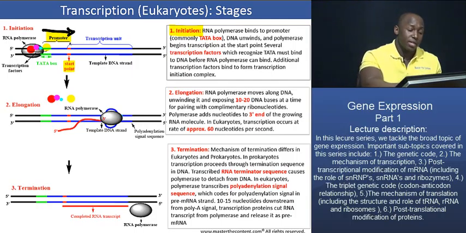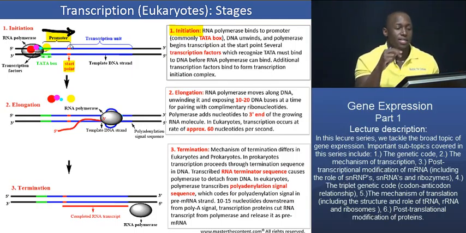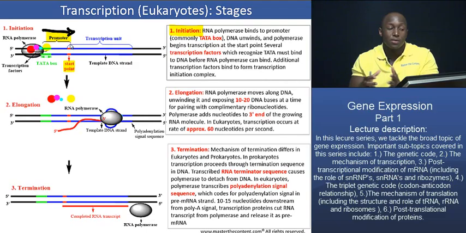Now, elongation is basically the movement of that polymerase downstream down the DNA molecule, unwinding it as it goes and elongating the RNA transcript in the 5' to the 3' direction.